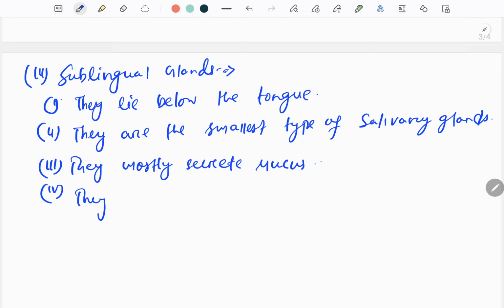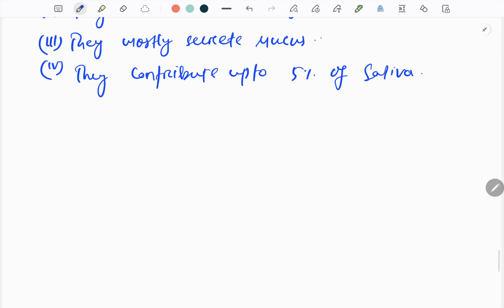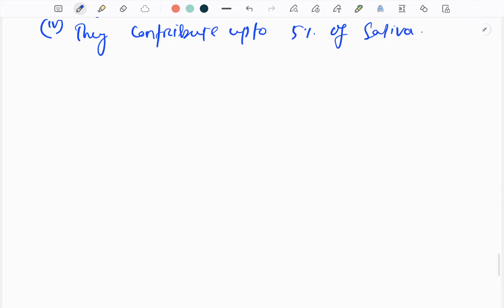They contribute up to 5% of saliva. So this was everything about teeth, tongue, and salivary glands.